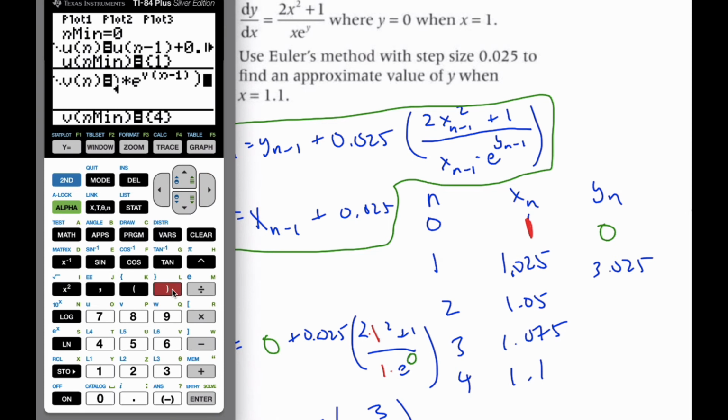I can close it and hit enter, and my first y value is 0.